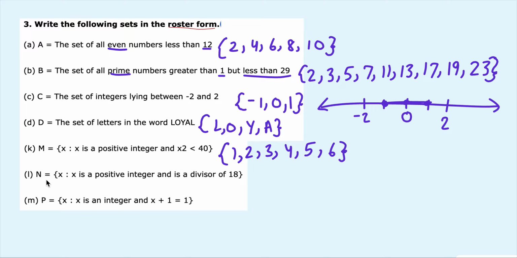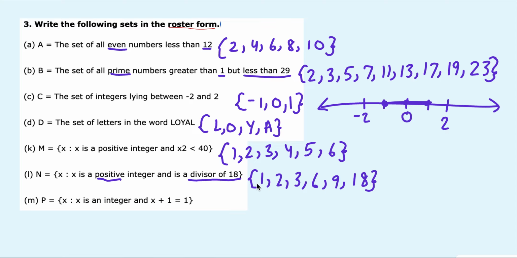Next one says set N is x such that x is a positive integer and a divisor of 18. So it has to be positive and a divisor of 18. First we put our brace sign, and then the positive integers would be 1, 2, 3, 6, 9, and 18, and we put our closing brace.